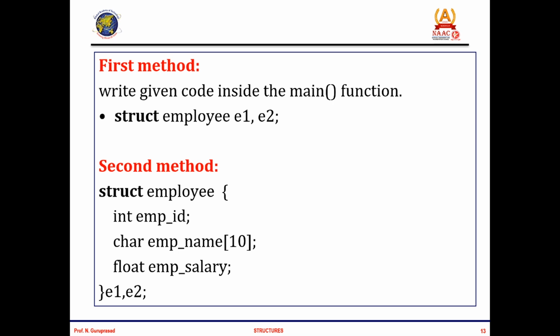On the other hand, if the number of variables is fixed, go ahead and use the second approach, because it saves your code from declaring a variable in the main function.